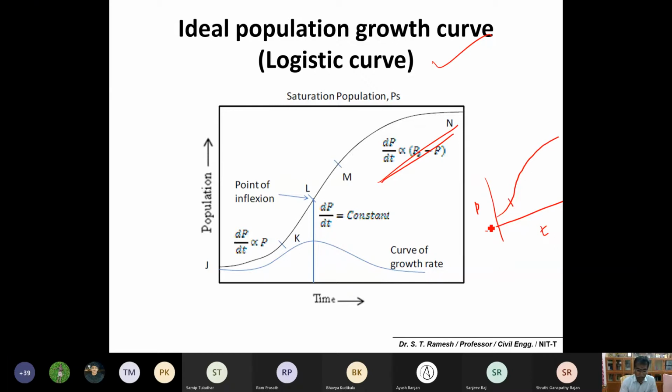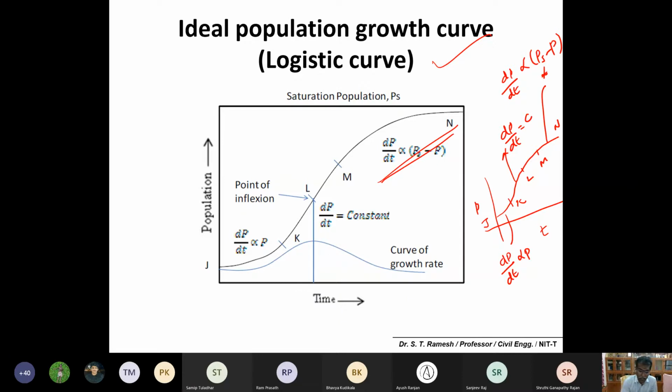You can plot J, K, L, M and N. The JK portion is dP by dt proportional to P, the KM portion is dP by dt equal to constant, and the last portion is dP by dt proportional to PS minus P, where PS is the saturation population. That's what we have discussed.